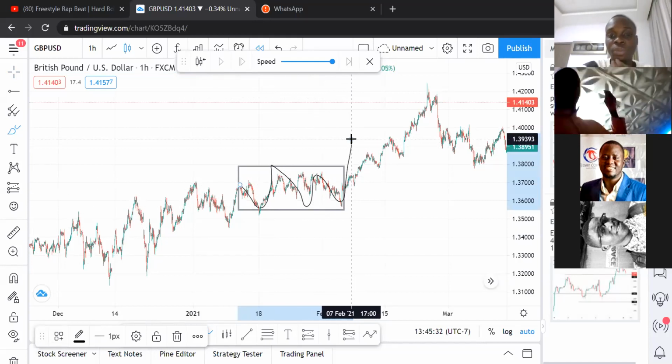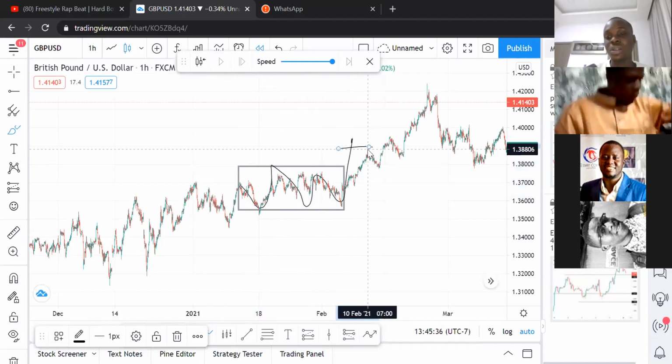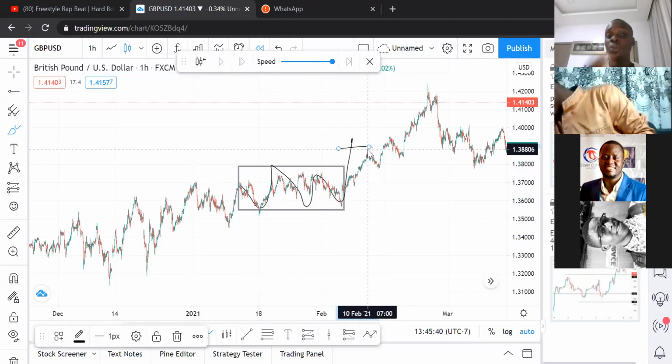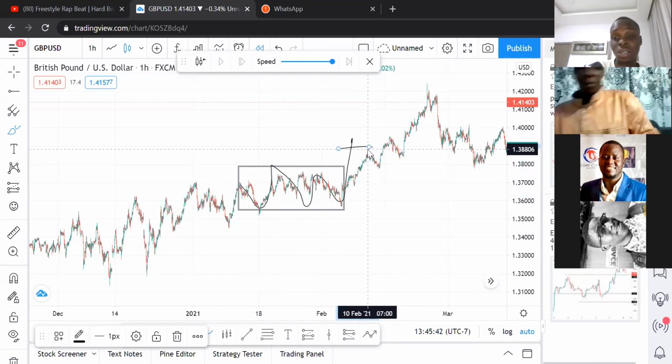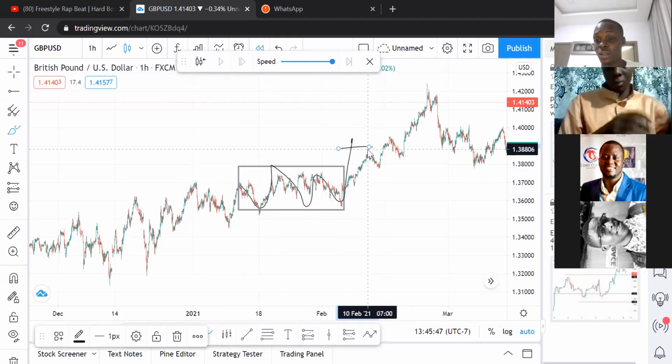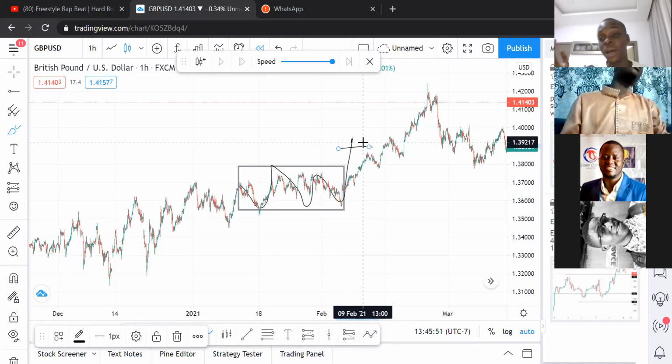Now, just because this market broke out, if you buy here, you're wrong. When people do FOMO, you're scared of missing out on this opportunity. What if the market doesn't come back to retest? If you buy at the spot, okay, the market has broken out, bam, bam, bam, you put your buy, you're wrong.